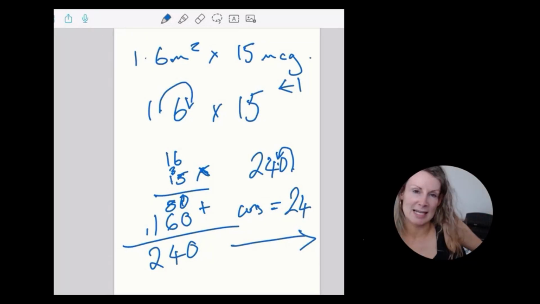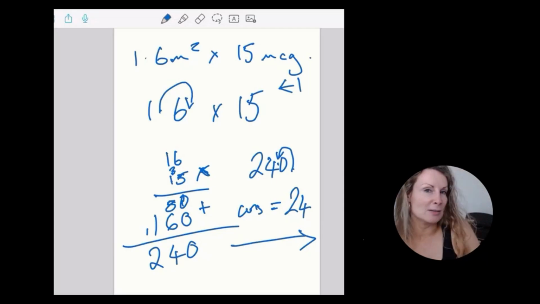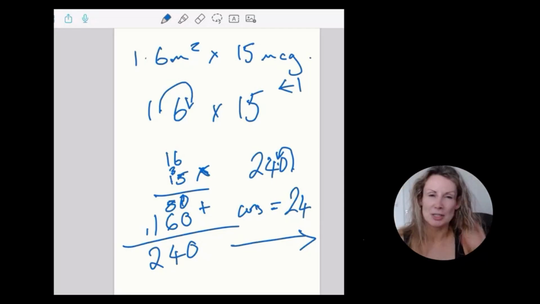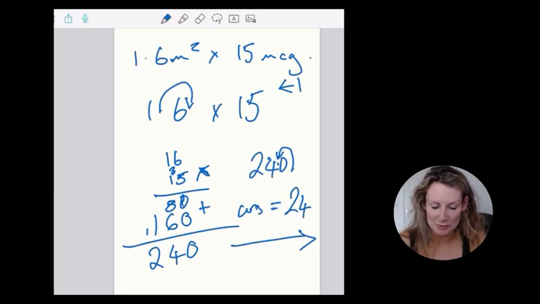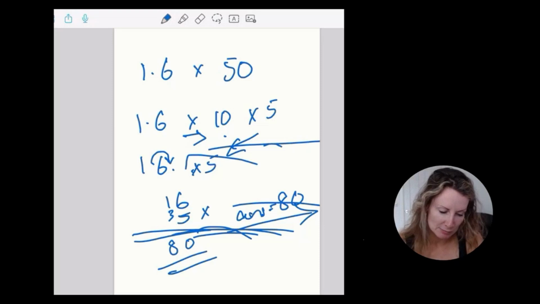That's why I said, are you sure that's the question? It's not difficult to do, but you don't normally have to be moving decimal points around. When you times by 10, you don't have to move the decimal point, and you're not putting it back in again. Okay. So the answer is just 80.